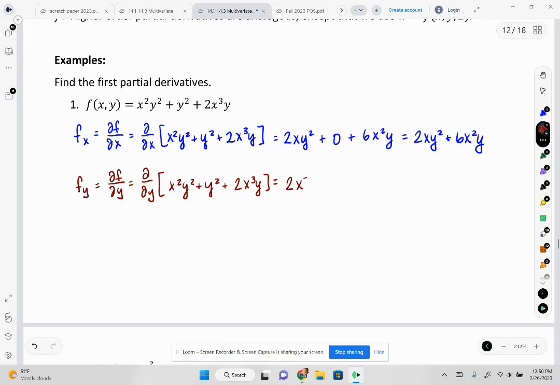So I get 2x squared y. The x squared stays there because it's a constant, okay? Now when I get to the y squared and I take del y of y squared, I get 2y. And then I move on, the del y of 2x cubed y, the 2x cubed is just a constant, and the derivative of y is 1, so I get plus 2x cubed, because the derivative of y is 1. And that's it. That's all I can do with that one. So those are the first partial derivatives of that function.